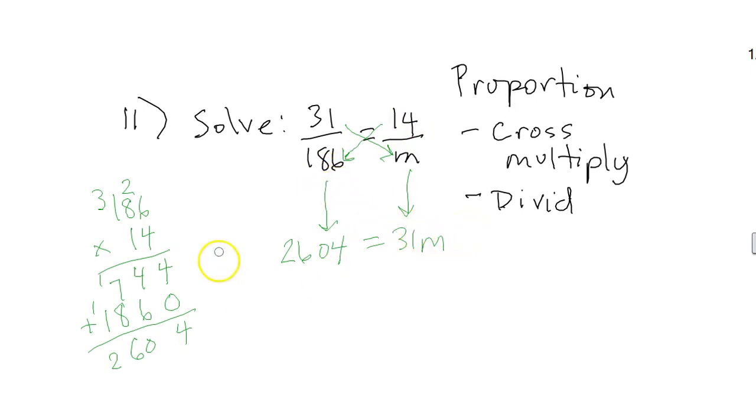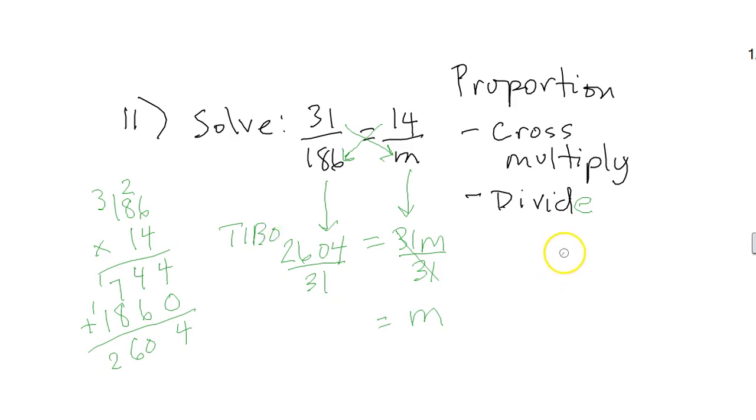So after you cross multiply in both directions, now you're going to, I forgot the E here, sorry guys, divide. So we're going to divide by whatever the coefficient or number is in front of the letter. So divide by 31, which you do to one side, do to the other side, 31. Now m will be by itself. And now we do T-bow. Right? Top in, bottom is out.